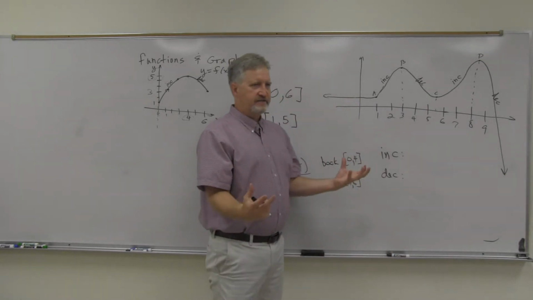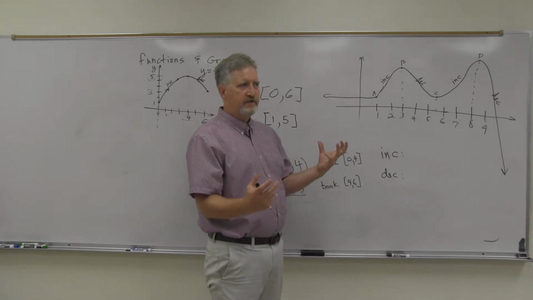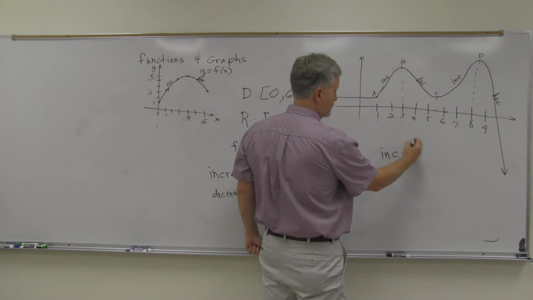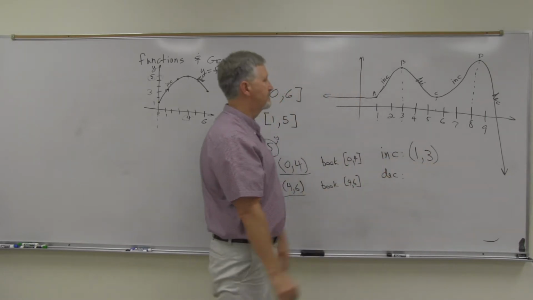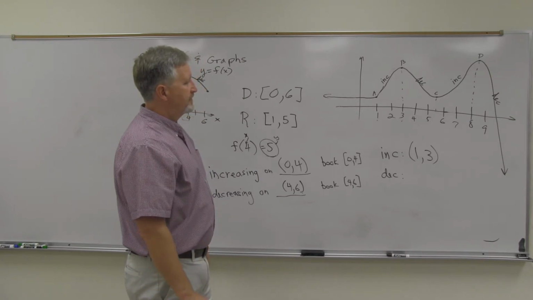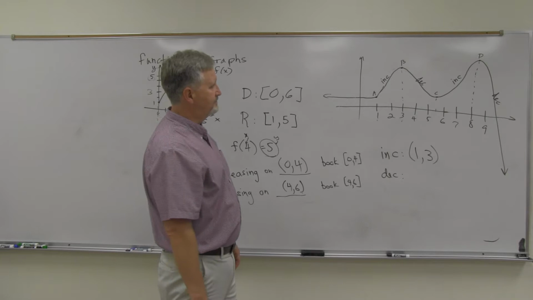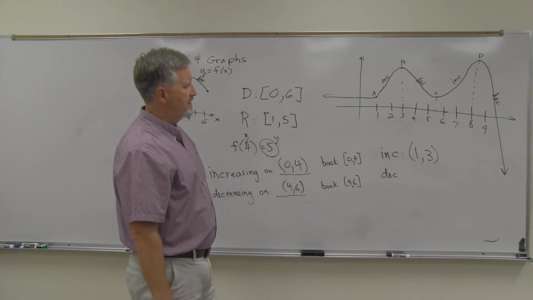We use the x-axis here to describe it, the location of it. So where would we say this one's increasing? 1 to 3. And again, I would like for you to put parentheses. The book uses the square brackets, but I will use the parentheses, and then where else?